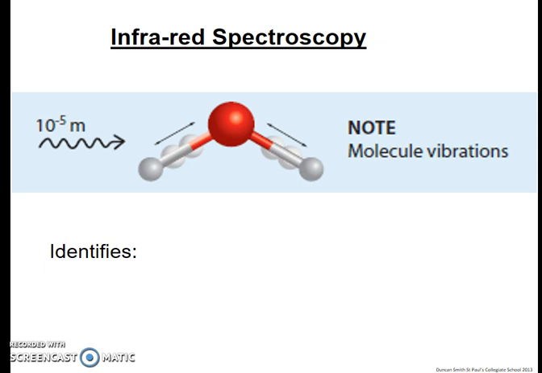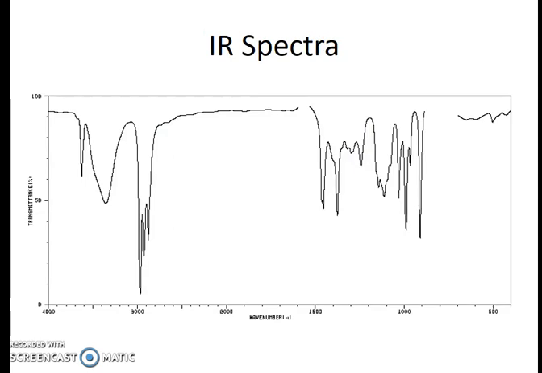And so from infrared spectroscopy, we can learn about the functional groups that are present in a molecule, and our spectra look something like this. That's a really ugly looking spectra, and what this is looking at is how much infrared light is transmitted through the molecule and at what frequencies is it absorbed. But I'll spend a lot more time on that later.